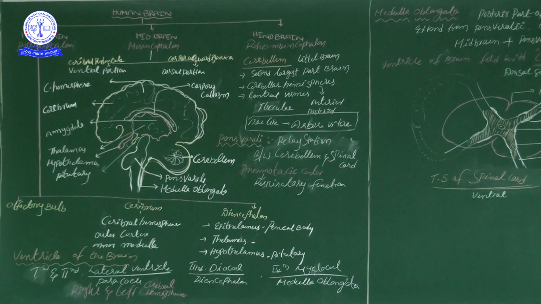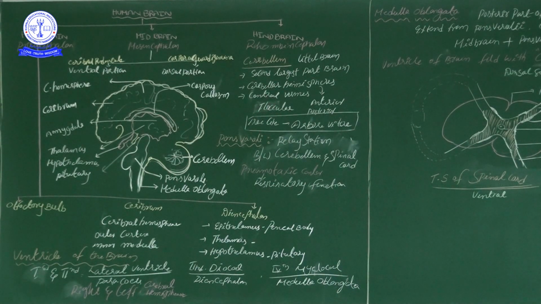So the cerebellar hemispheres and the central vermis are the two parts in the cerebellum. Each cerebellar hemisphere contains three different parts: the anterior part, the posterior part, and the flocculonodular part.